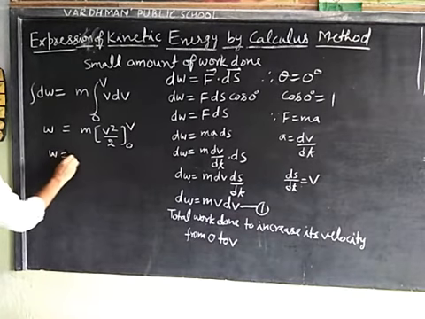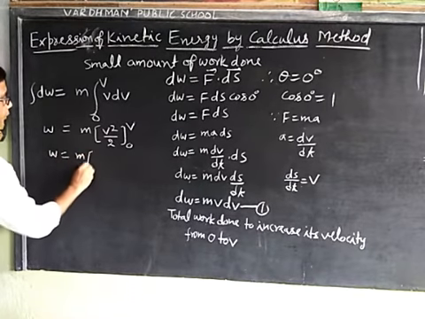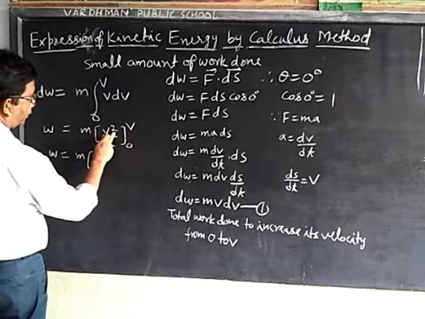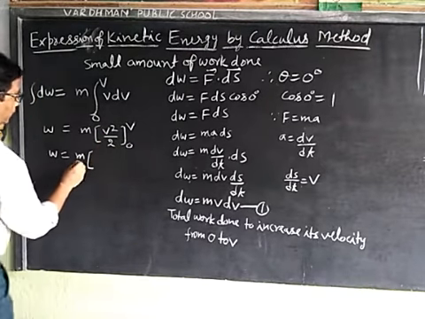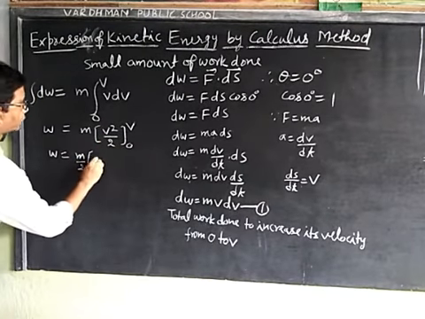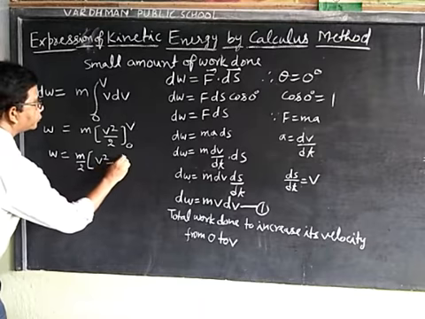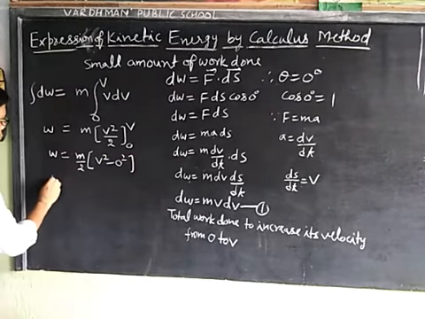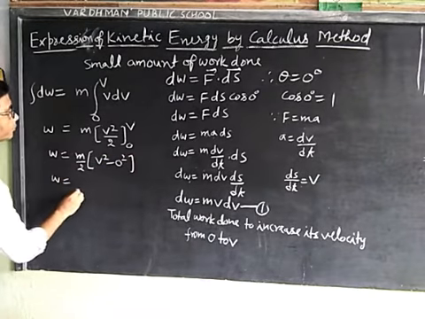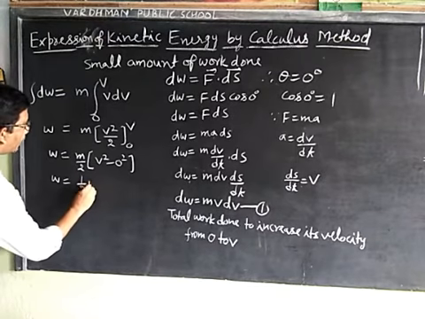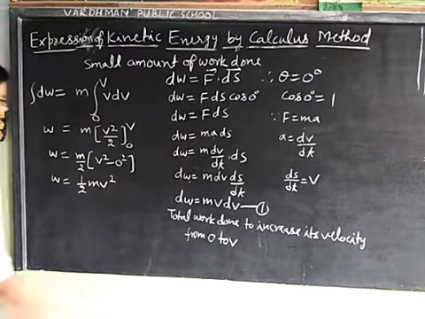Therefore W is equal to m, we will put the upper limit minus lower limit, that is v square minus 0 square. Therefore W is equal to half mv square.